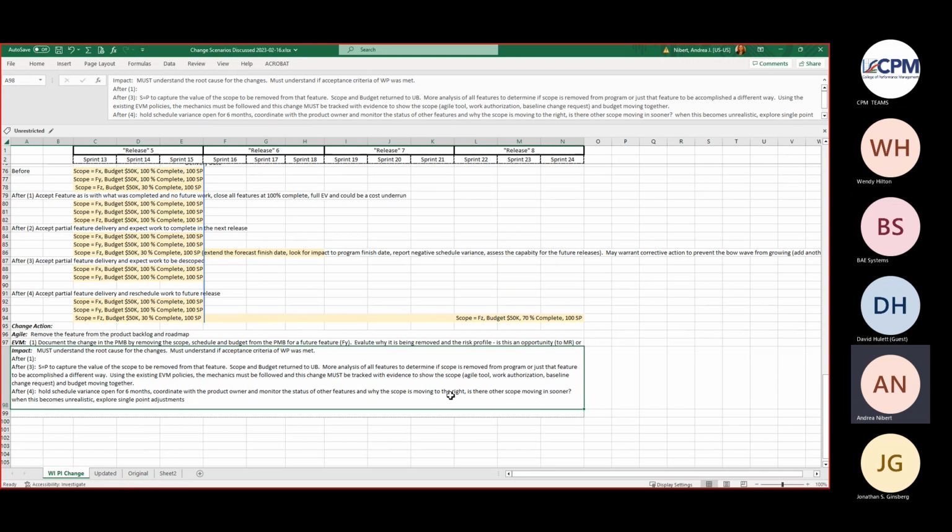I think some people might freak out a little bit if we're okay with single point adjustments, but I don't necessarily think they're bad. They have a tool, so you just have to use it correctly.